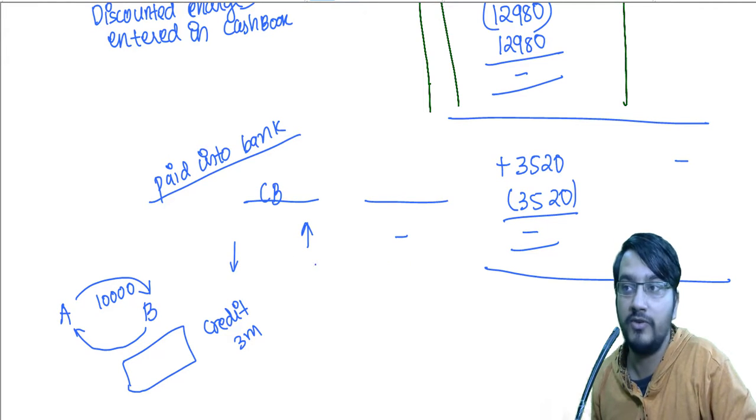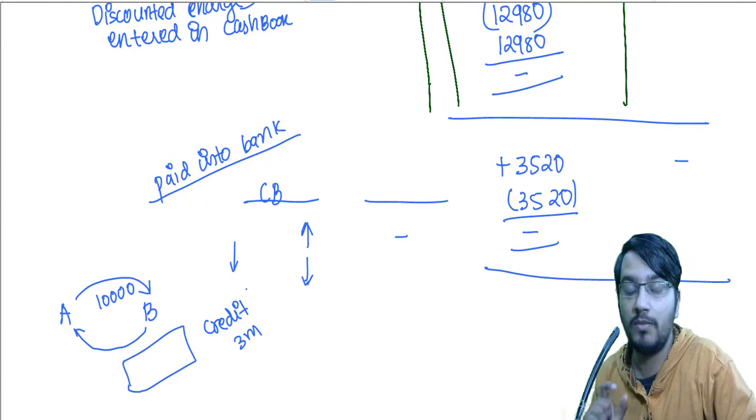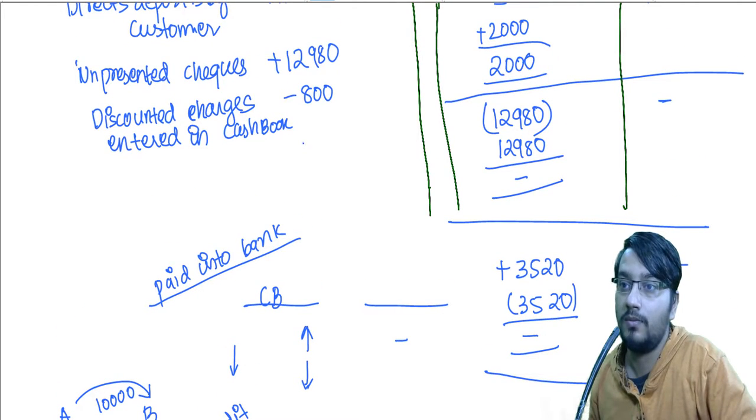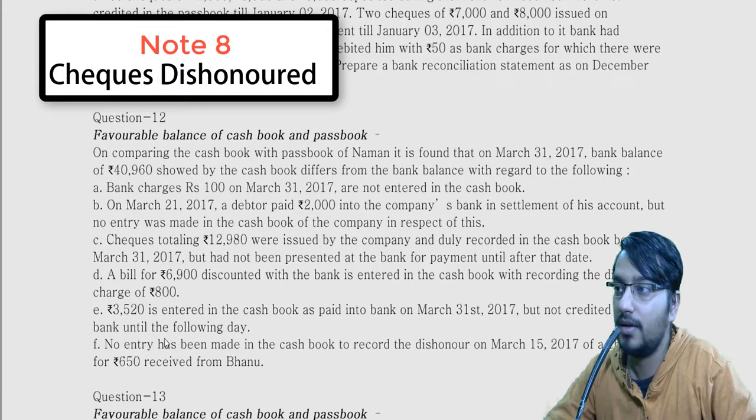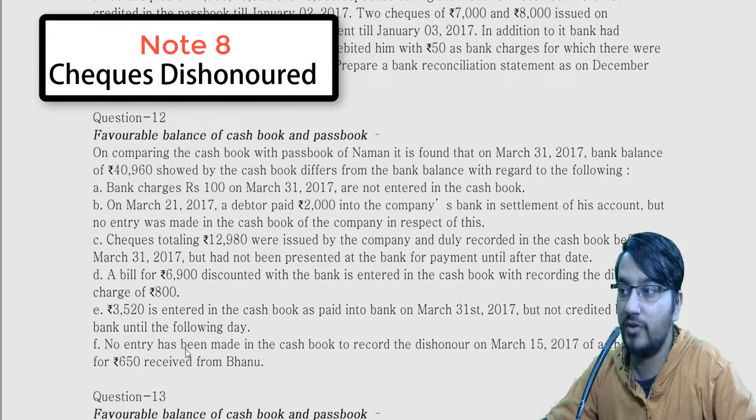So this is the point of difference and I must deduct it. You just need to make your mind clear that this is not the cash column, this is the bank column. So minus 3,520.